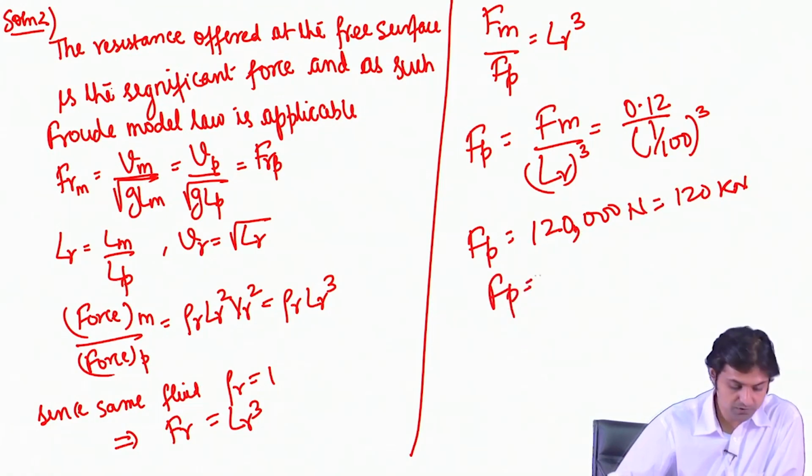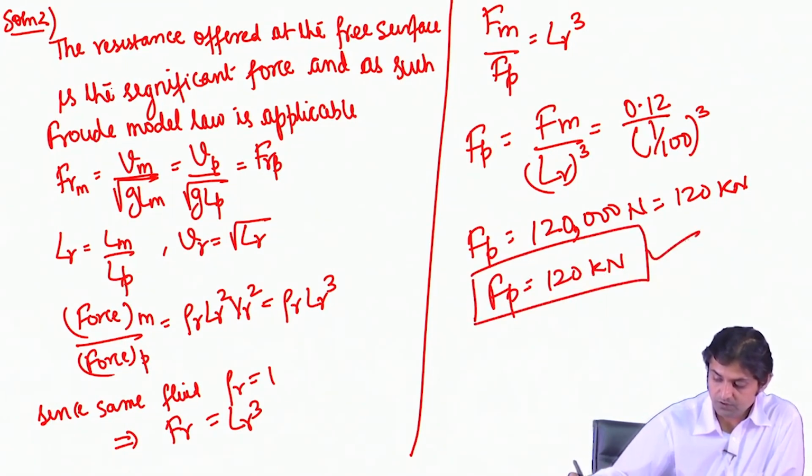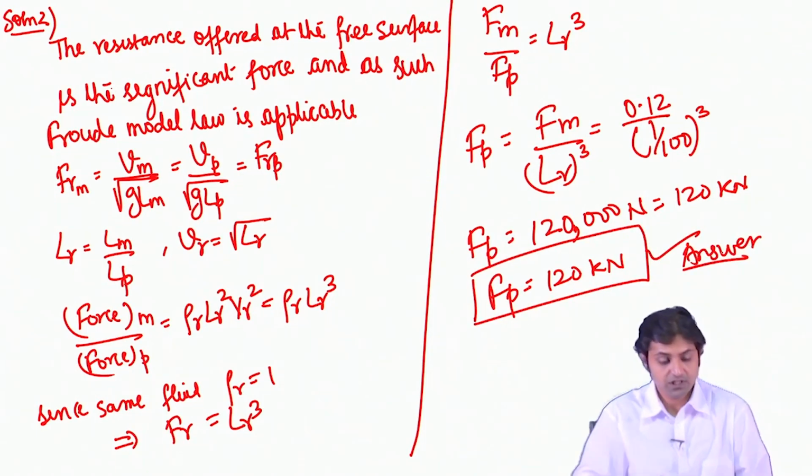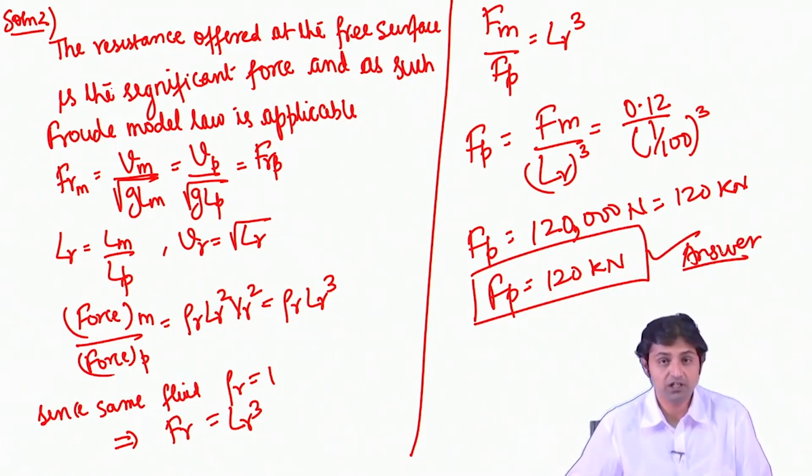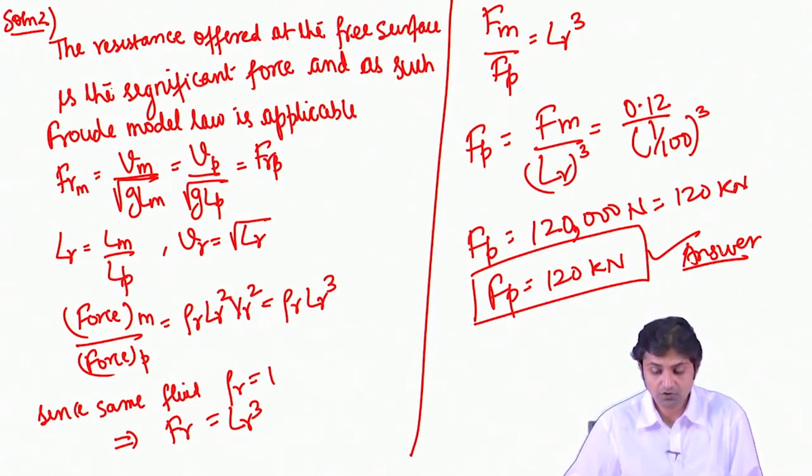So the force in prototype is going to be 120 kilonewton. This is the answer. Here you have seen how we have applied this model similitude to obtain the force in the prototype.